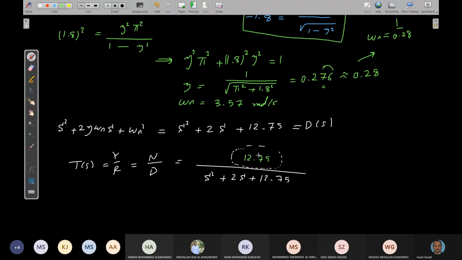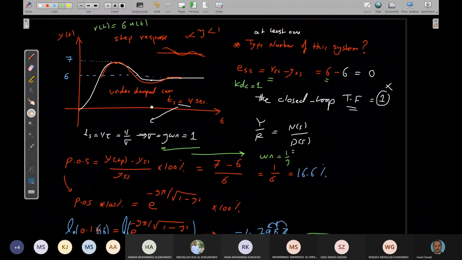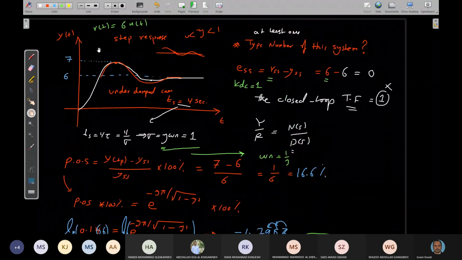Now, you know that the DC gain shapes the output, correct? Here I'm assuming that the input is 6, not a unit step. If this one is a unit step, I will solve it in two ways.